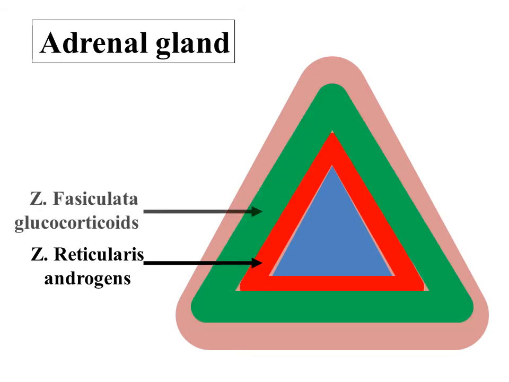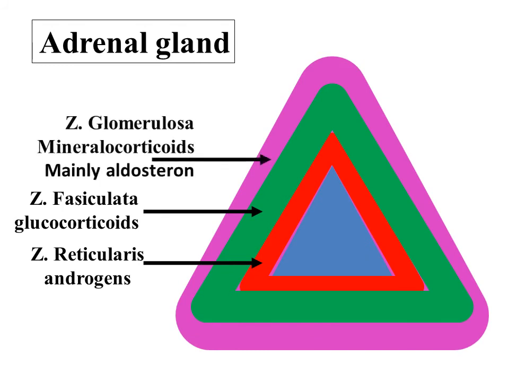The other layer is zona fasciculata and the outer layer is zona glomerulosa. So the adrenal cortex consists of three layers: zona glomerulosa, zona fasciculata, and zona reticularis. Zona glomerulosa secretes aldosterone. The secretion of aldosterone by zona glomerulosa is increased by angiotensin 2.